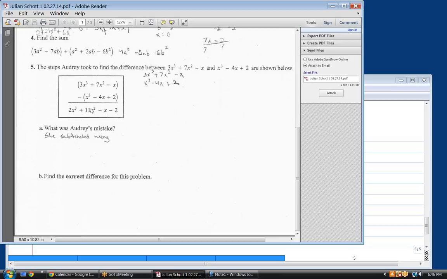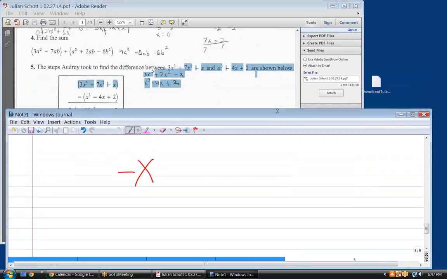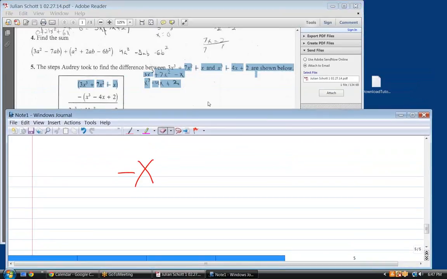So that's one mistake. What about the x term? Starts with a minus x. Should it be minus 2x? Well, hold on. Start with a minus x. Just a second. And she is subtracting a minus 4x.